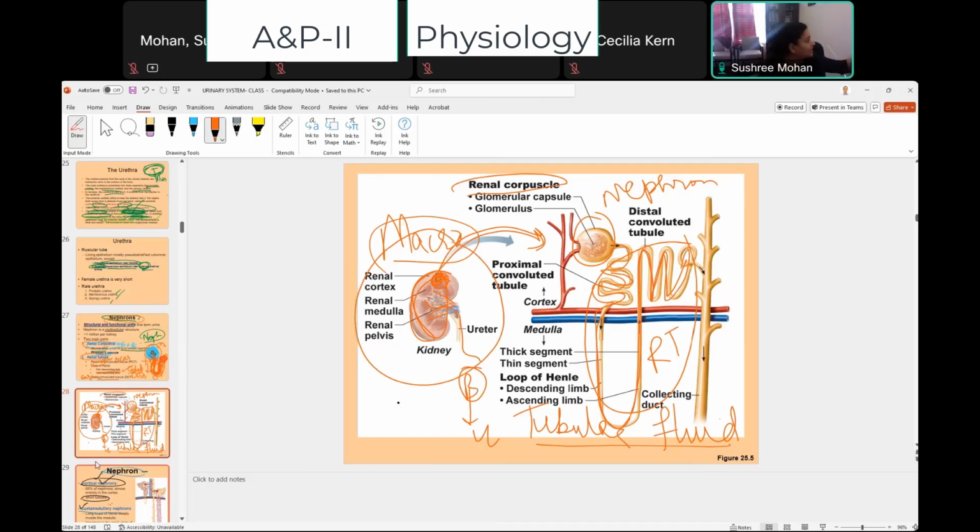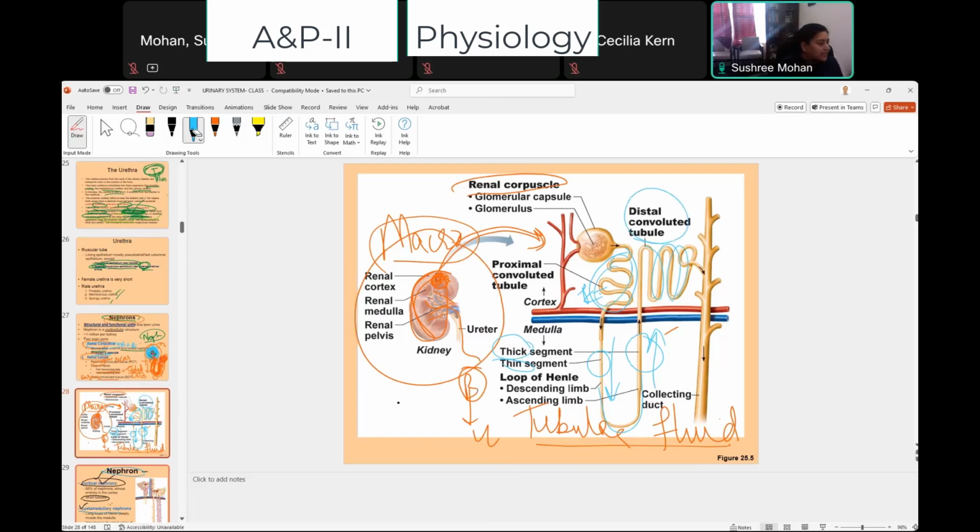Now, what are these pipes? We begin with the PCT, proximal convoluted tubule. We move down, this is thin. Descending is thin, ascending is thick, okay? And here's the loop. And then this part is coiled. This is the distal convoluted tubule.